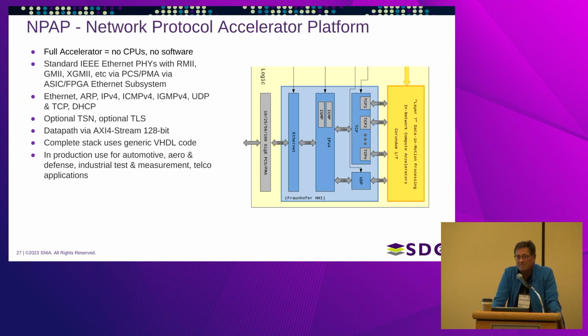And the idea is it's a complete TCP, UDP, IP stack. It has address resolution protocol, it has its own MAC, it does IP version 4, it does the control message, it does group messaging for UDP, it has DHCP for client and for server, okay?